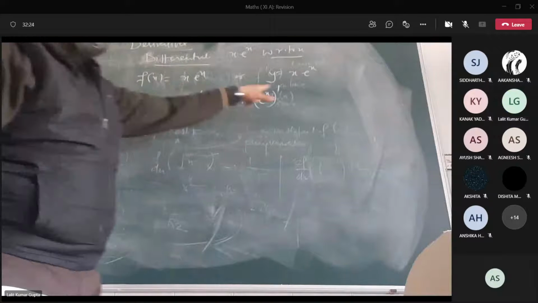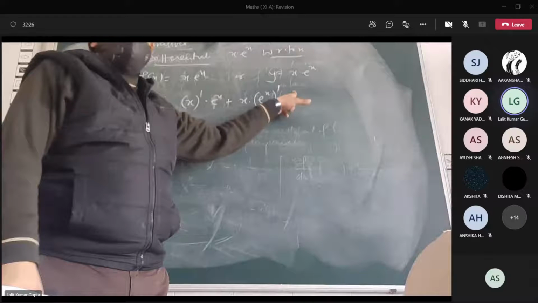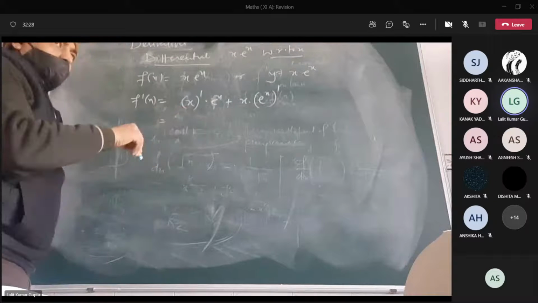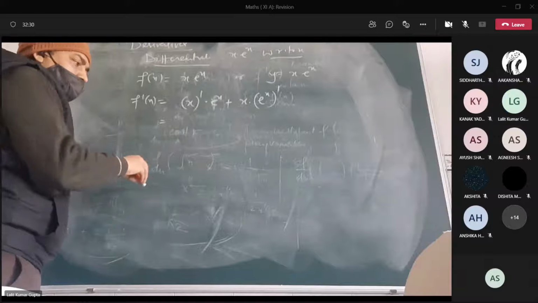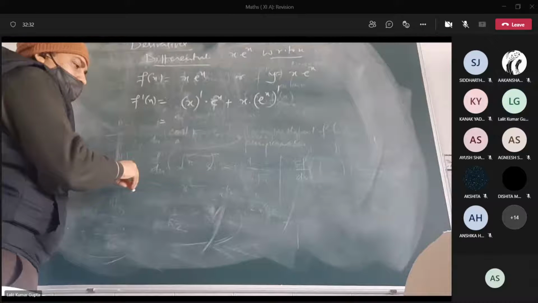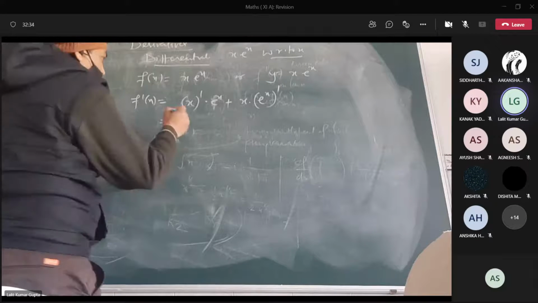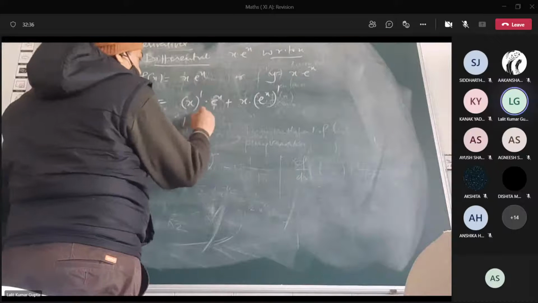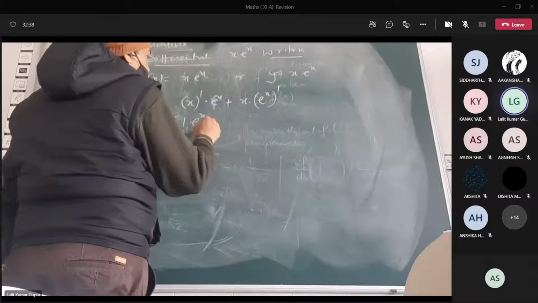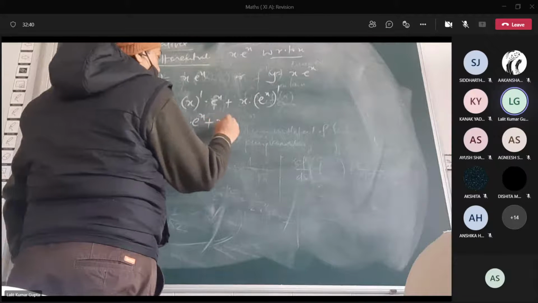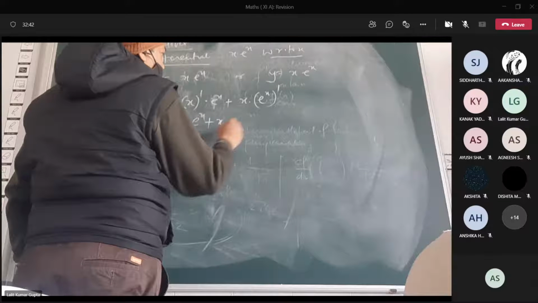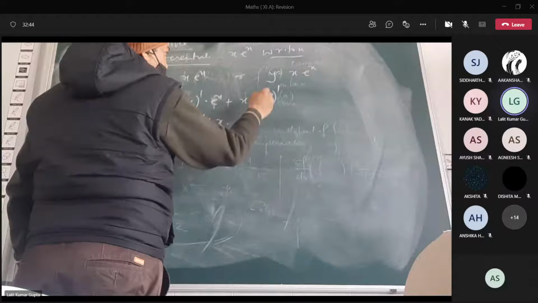So what is the derivative of x? Anyone? 1, correct. Dot e raised to the power x, plus x as it is, derivative of e^x as it is, that is e^x. And now finally you have done the differentiation.